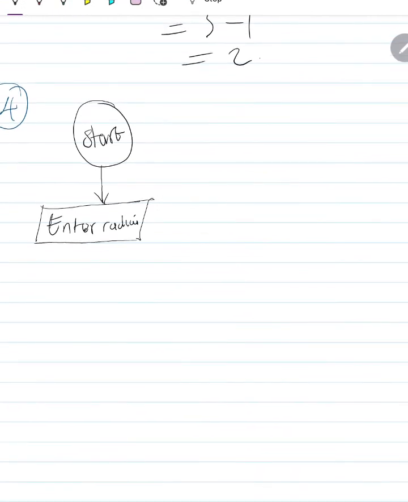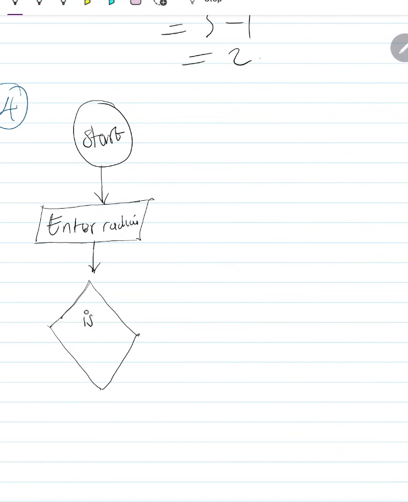So this is a flowchart. So you go down, you have to make a decision, or you have to ask a question. So you use a rhombus. So this is a rhombus, and the question that you're asking is radius less than 0.